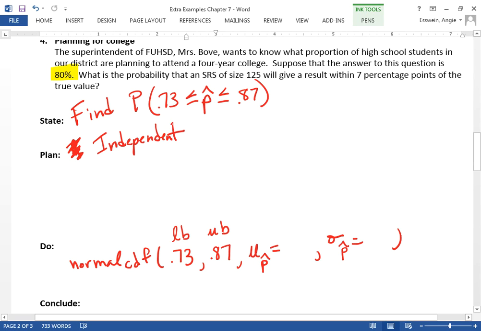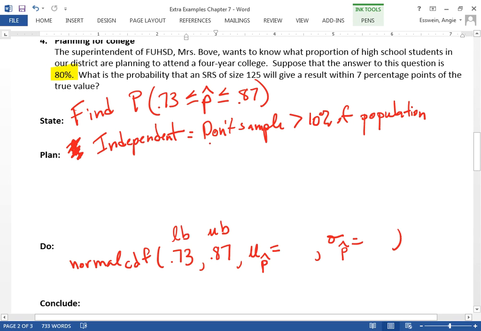The independent condition is that we don't sample greater than 10% of the population. That's why it's sometimes called the 10% condition, but I'm just going to call it the independent condition.